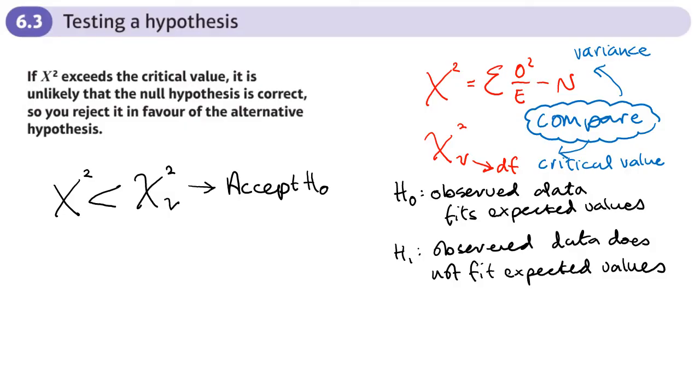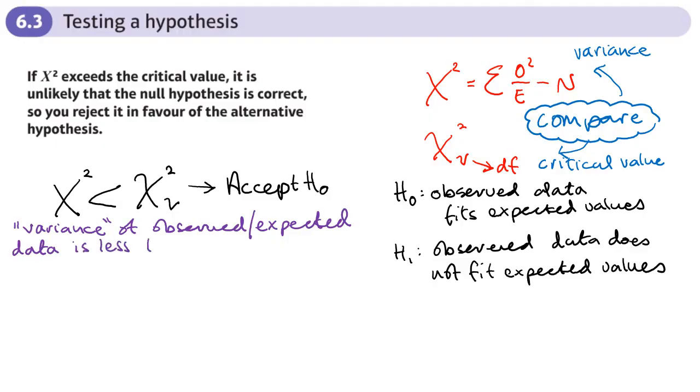It might be worth writing down. I'll put the word variance in quotes, because it's not really variance. Variance of observed, stroke expected, so we're comparing it to our expected data or values, is less than the critical value.